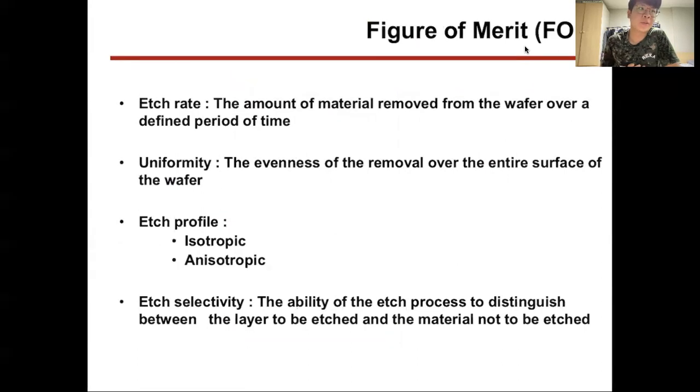There are certain parameters, or figures of merit, for how well those materials are etched. First, the etch rate. The etch rate is how much of the material can be removed over a certain period of time.